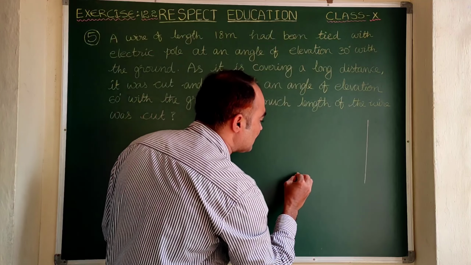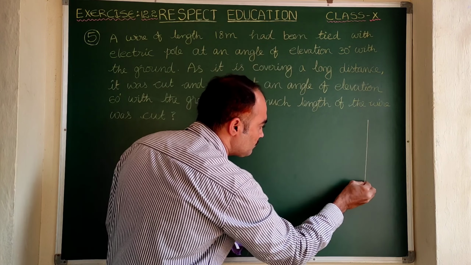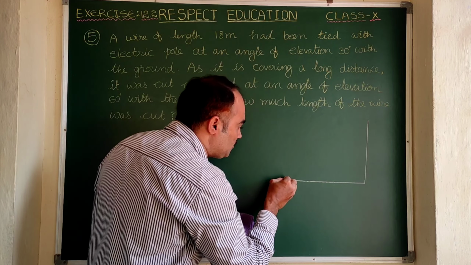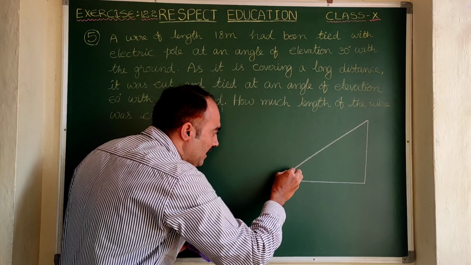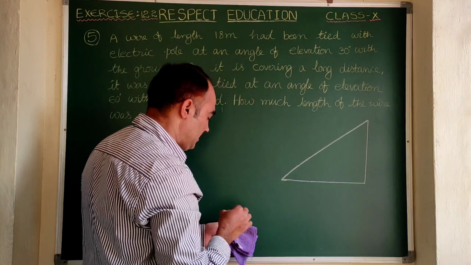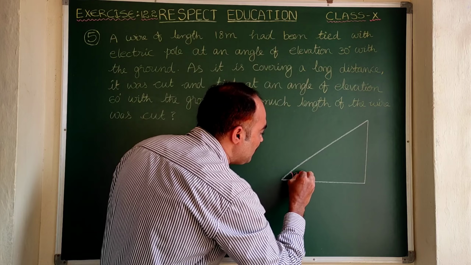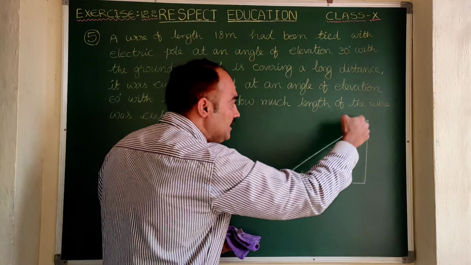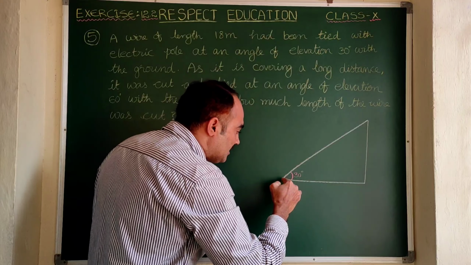Let us consider a point on the ground. From this point to the pole, the electric wire was tied, which makes 30 degrees with the ground.